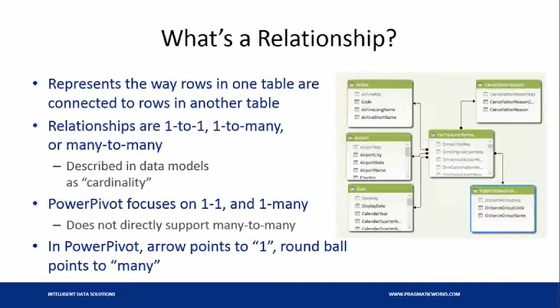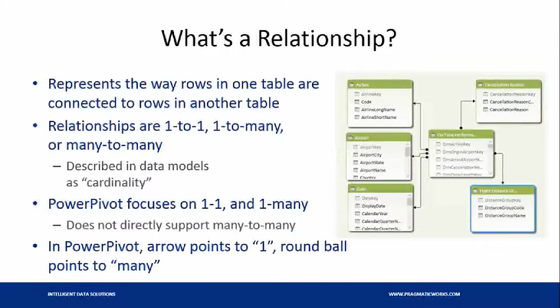What it really does is it represents the way the rows in one table are connected to the rows in another table. So as an example, the little model that I have on the screen shows me that an airline is related to the on-time performance records through the airline key.